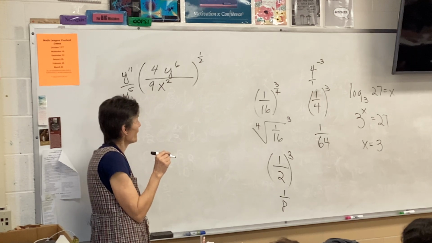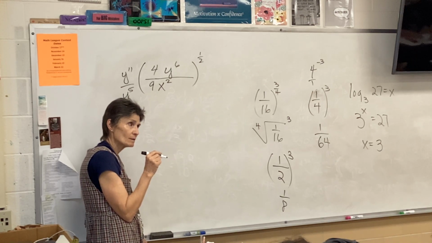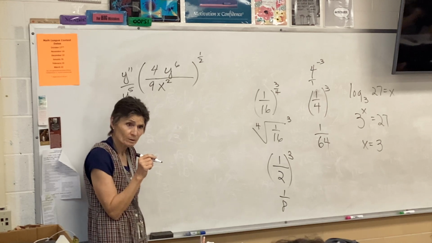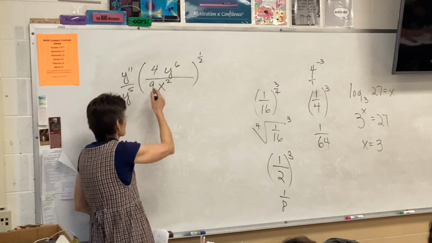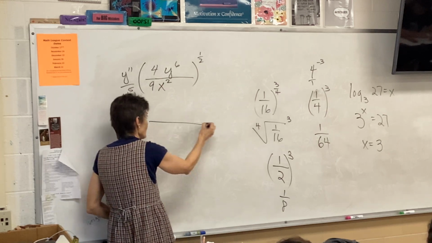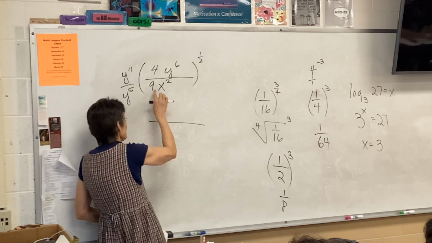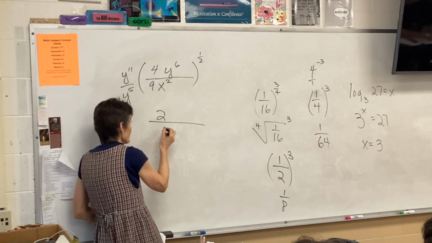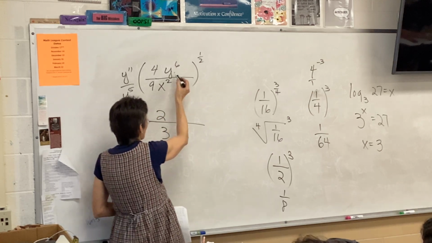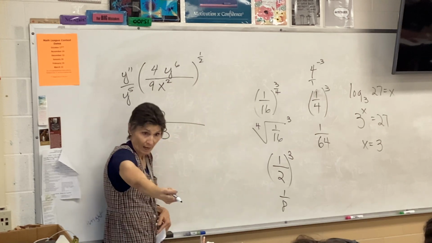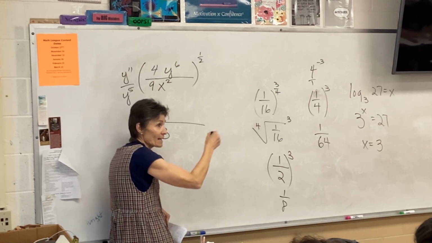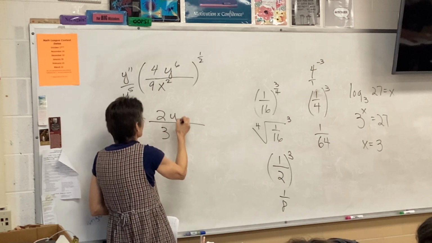What does the 1/2 mean? The 1/2 means square root. Isn't that what 1/2 means? So I need to square root 4. What's the square root of 4? 2. I need to square root 9. 3. Now, when I have a double exponent, I multiply. So what's 6 times 1/2? 3.